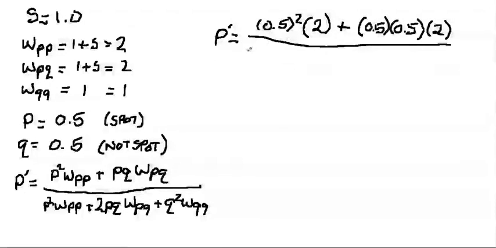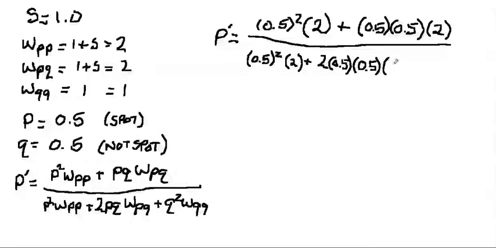Now in our denominator, we do P squared, 0.5 squared, times the fitness value, 2, plus 2 times the frequency of the P allele times the frequency of the Q allele times its fitness, which is also 2, and then to that we add the frequency of the Q allele squared, which represents our homozygous recessive, times its fitness, which is 1.0.